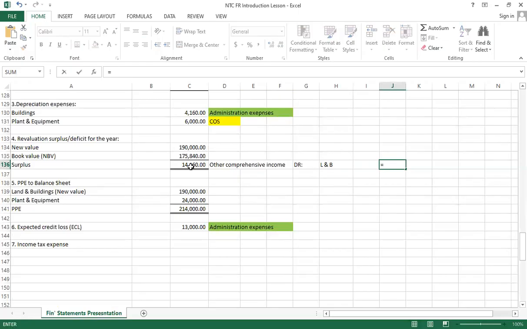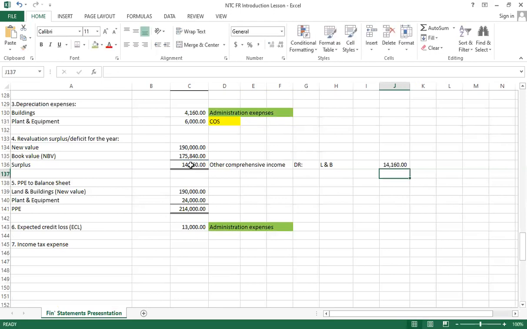So you debit land and buildings with a surplus, which is that 14,160. Now what do you credit correspondingly? What happens is that when you have a surplus, it's more like a gain.